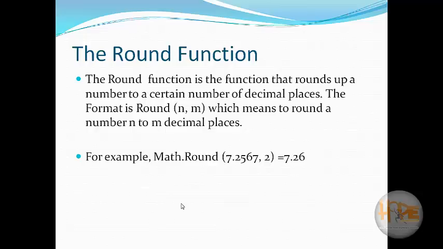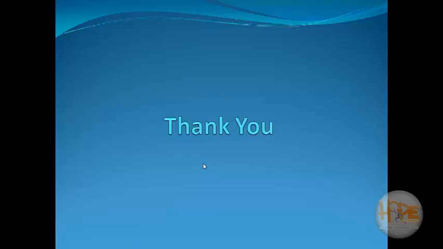For example, here we want to round the value 7.2567 to 2 decimal places. So it will return the value 7.26, which is rounded to 2 decimal places. This is the syntax of the round function. We have to write math.round and it will return a numeric value which we have to store in a particular variable.